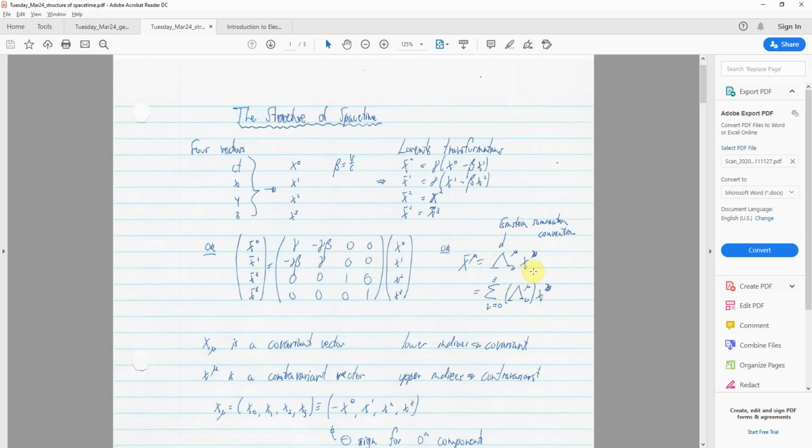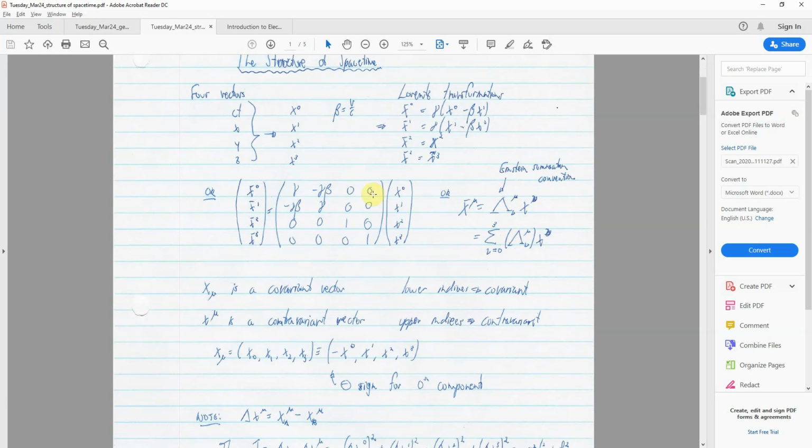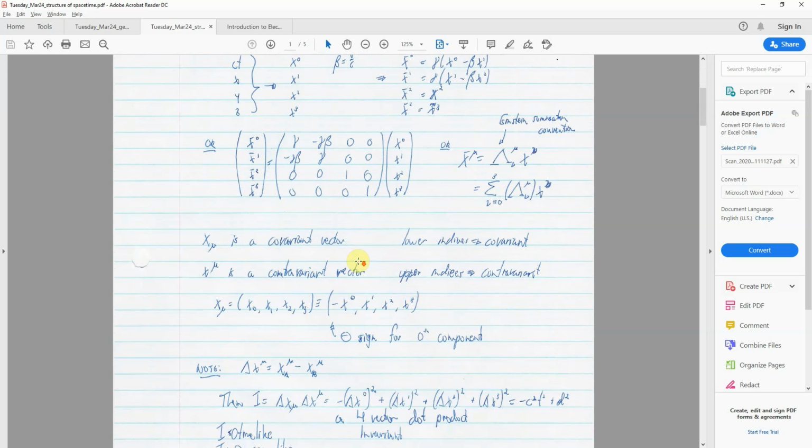And you can write this more compactly, just skipping the summation sign, so this x vector transforms through the Lorentz transformation to give us x bar. And so you sum over the nus to give you mus. And that's what this compact notation means. It's just you're using this Lorentz transformation matrix.